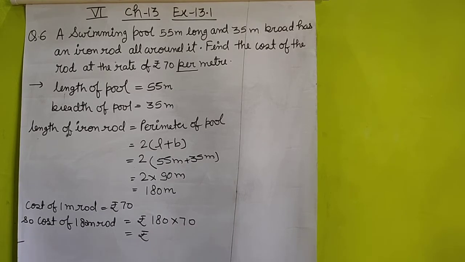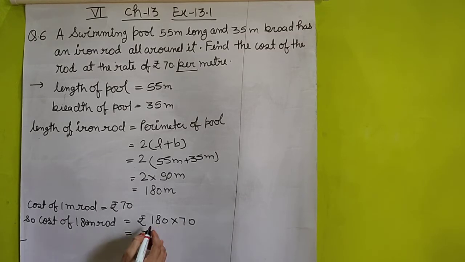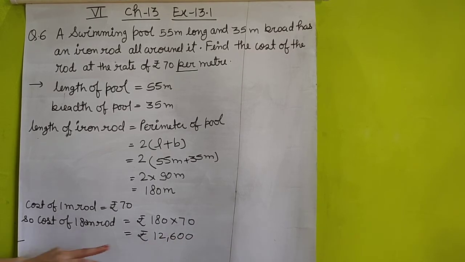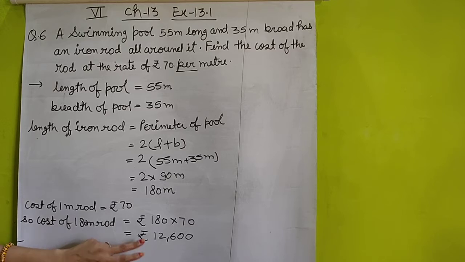Cost of 1 meter rod is equal to rupees 70, so the cost of 180 meter rod will be rupees 180 multiplied by 70. When you multiply both the values, you will get rupees 12,600. So this is the cost of the rod used in the swimming pool.